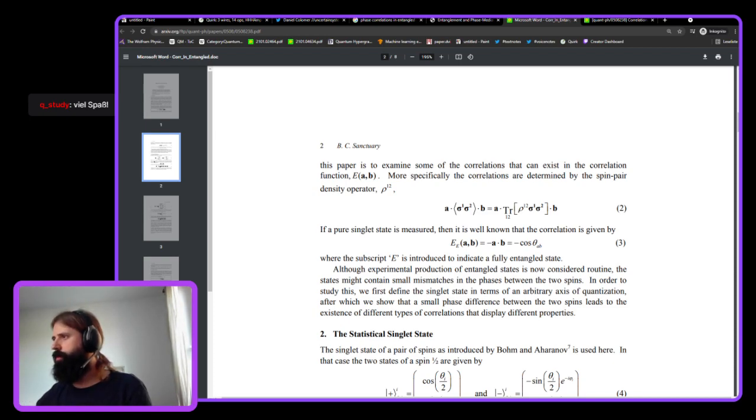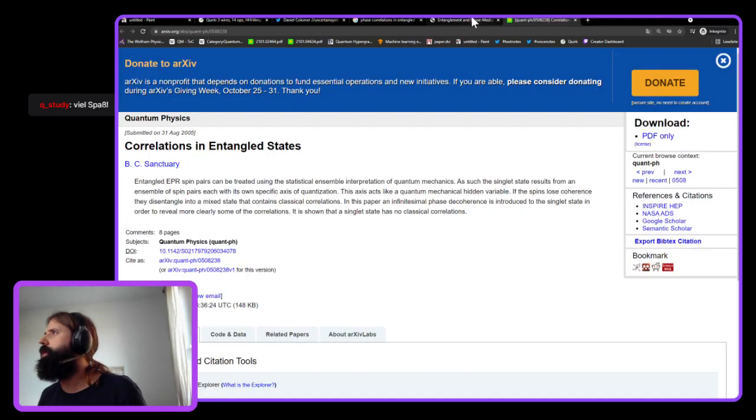The states might contain small mismatches in the phases between the two spins. No, that's not what I mean.